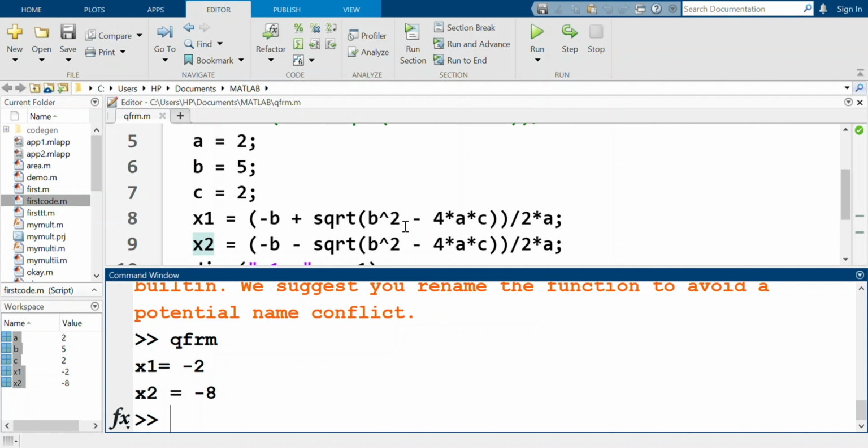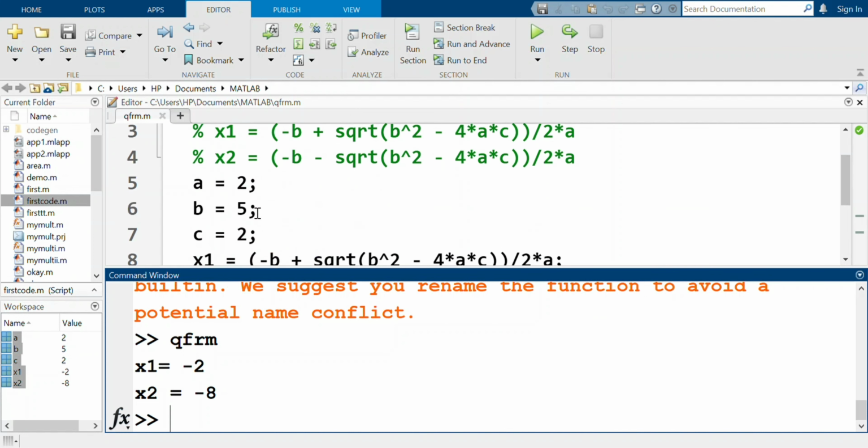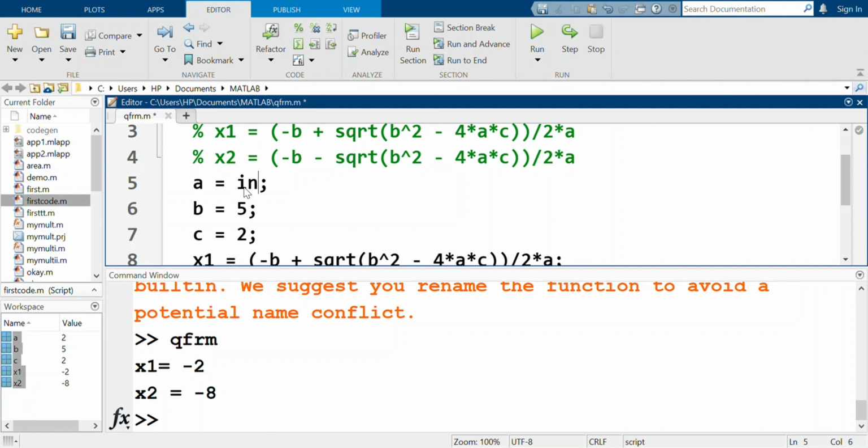Or if you want the user to give you the main values, a, b, c, you just say a equals an input, that I don't know. So the user will give me this input. So just write the text: what is a? And the same thing with the other values.